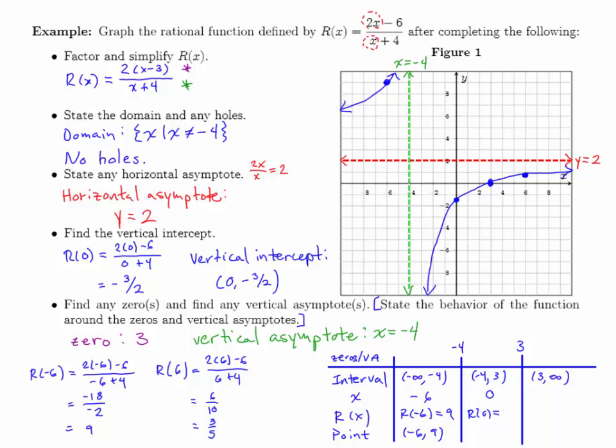So we'll have r of 0 equaling -3/2, and that was the point 0, -3/2. And then the last one on the other side, we picked an x value of 6, which lies in that interval of 3 to infinity, and r of 6 had a value of 3/5, and so we plotted the point 6, 3/5. And so this is just a more formal way of finding those 3 other points that we needed there.